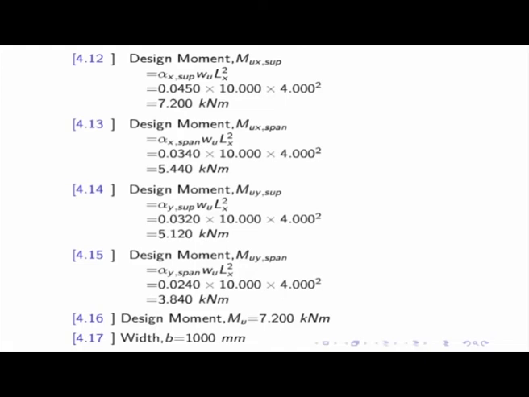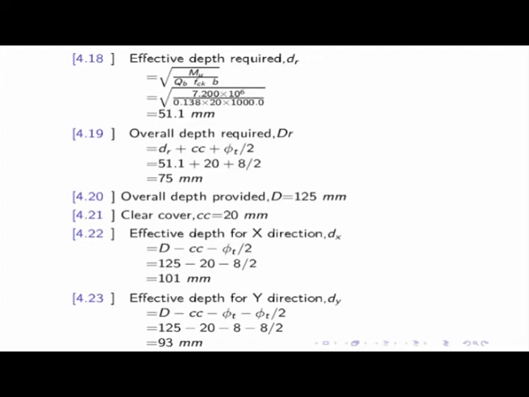So coming to the next, effective depth required is root of Mu by Q B into FCK. So 7.2 into 10 to the power 6 by 0.138 FCK B, which is coming 51.1 millimeter, very less, 51.1 millimeter. Overall depth required Dr means 51.1 plus clear cover plus diameter, which is coming say 75 millimeter only.